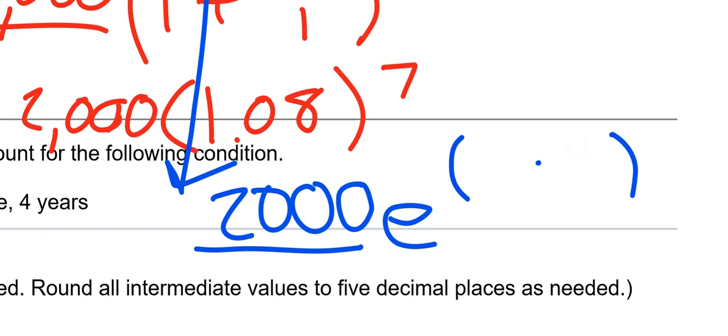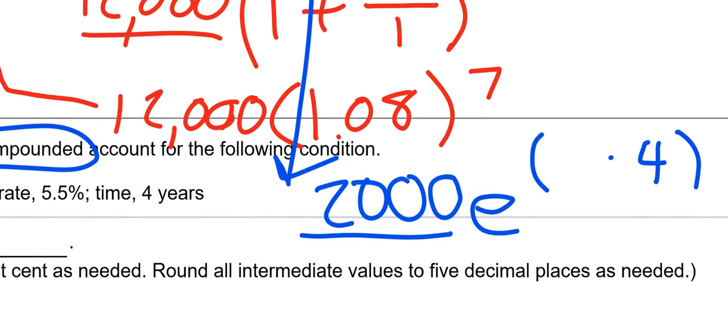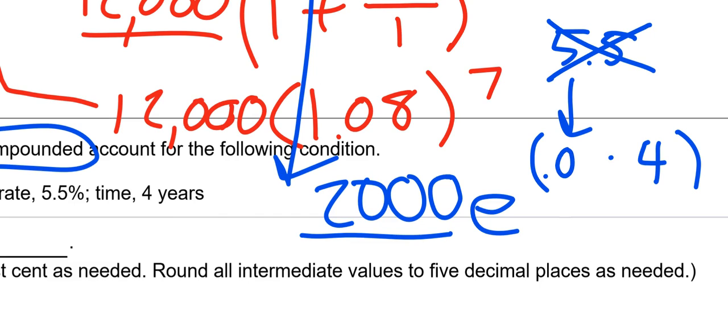For the 4 years goes in there. What are we going to put in there for the interest rate of 5.5%? Should I put a 5.5 in there? Yeah, that would be a bad idea. 0.055. Yep.